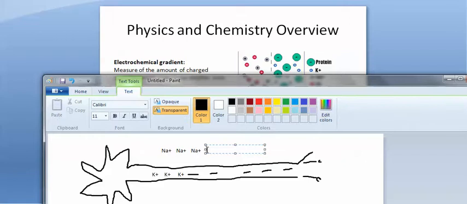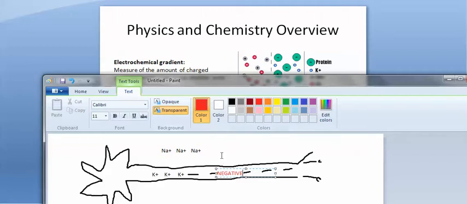Now, in general, the inside of the cell is more negative. So I'm just going to write that really quick. Cell, negative. Okay? So it's more negative on the inside.